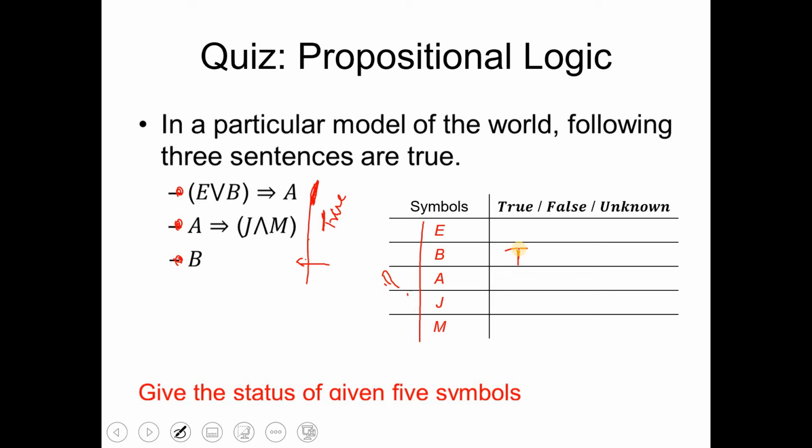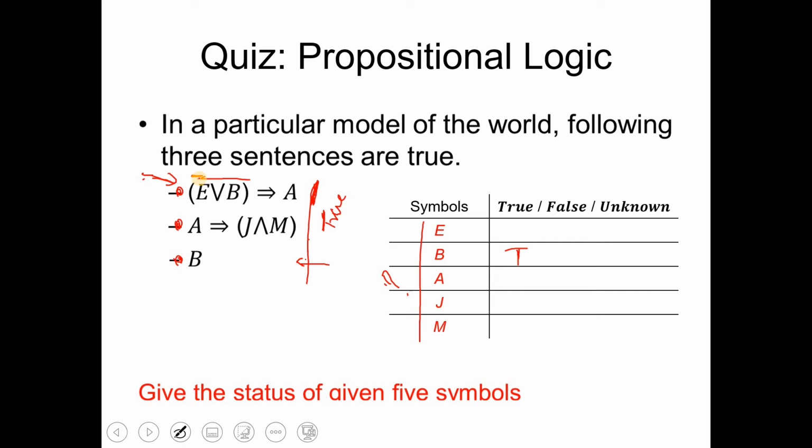Okay. Now B is given. Now what next to do? Look over here, the first sentence. We know already that B is true. Based on that B, you will see the first part of this sentence, the antecedent part, the one that comes as the event, the trigger. There is a B, and B is already true.